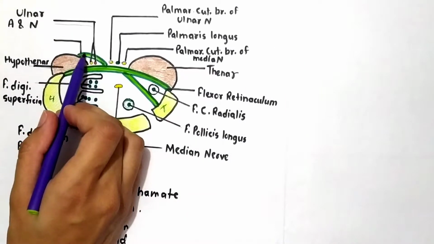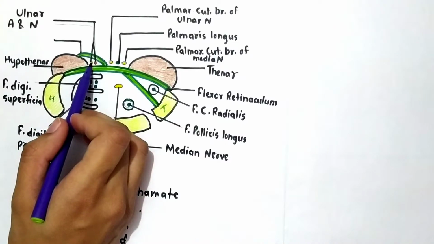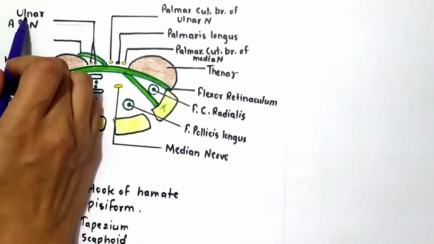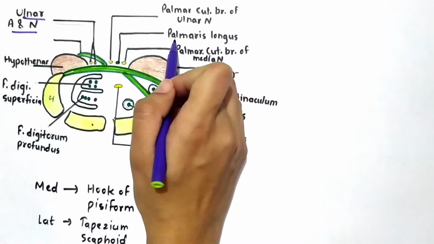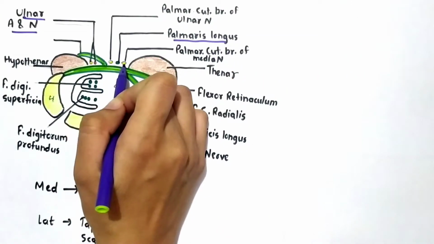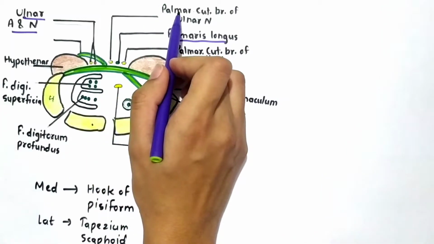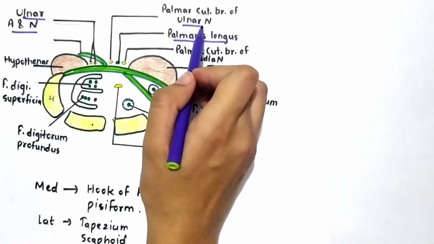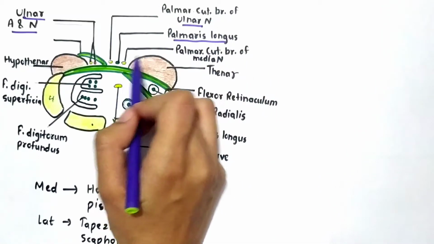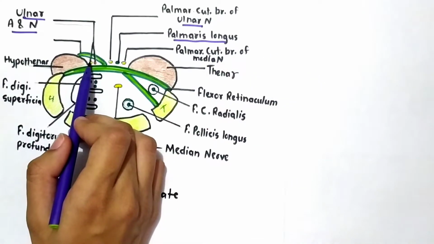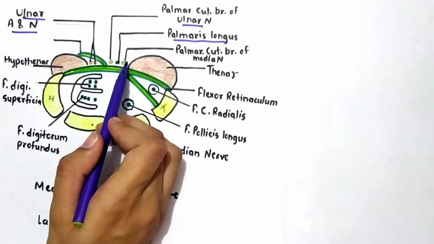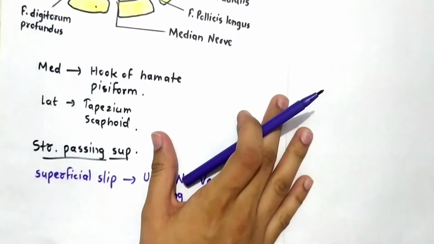This is the superficial slip and these are the ulnar nerve and ulnar artery. Also there is the palmaris longus tendon, and there are 2 cutaneous nerves, that is the cutaneous branch of the ulnar nerve on the medial side, and on the lateral side the palmar cutaneous branch of the median nerve. So these are the structures passing superficial to the flexor retinaculum.